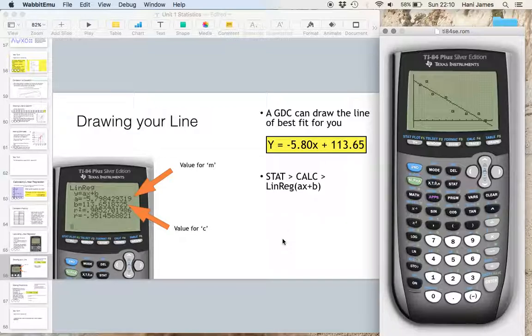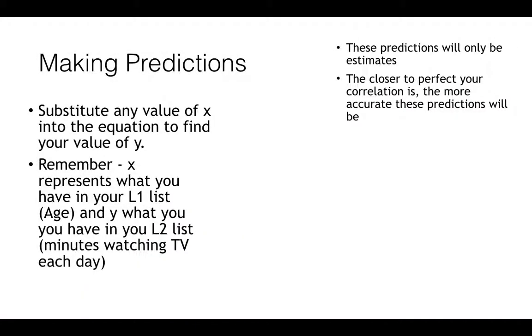But another clever thing you can also do with it is make predictions. So you can substitute any value of x into the equation and find a value for y. Remembering at this point that x is whatever we have in our L1 list, that's age for us at the moment, and y is whatever we have in our L2 list, which is in this case the minutes watching TV each day.